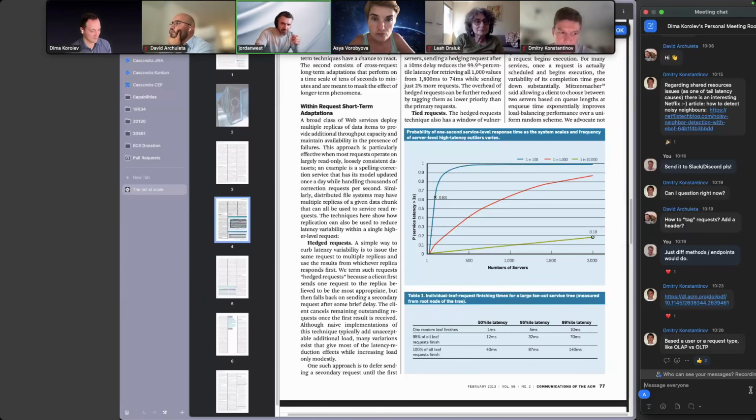Yes. So the way I would say it is, if the failures are correlated, for example, if the request causes the database to break, sending the request to another node will also just break that node. So that doesn't help. That's the correlated failures Dima is talking about.